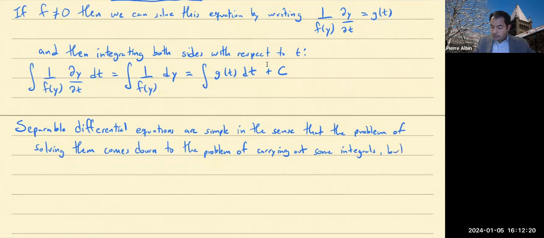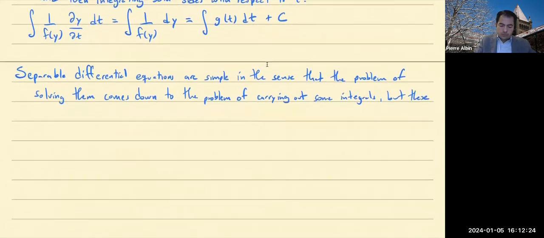But these integrals might still be hard or impossible to carry out explicitly.